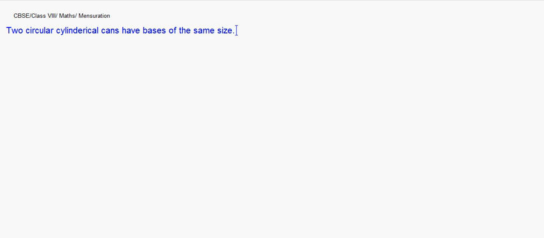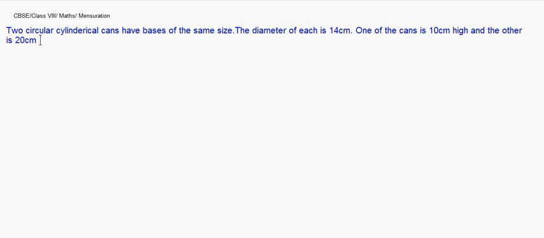The diameter of each is 14 centimeter. One of the cans is 10 centimeter high and the other is 20 centimeter high. Find the ratio of their volumes.